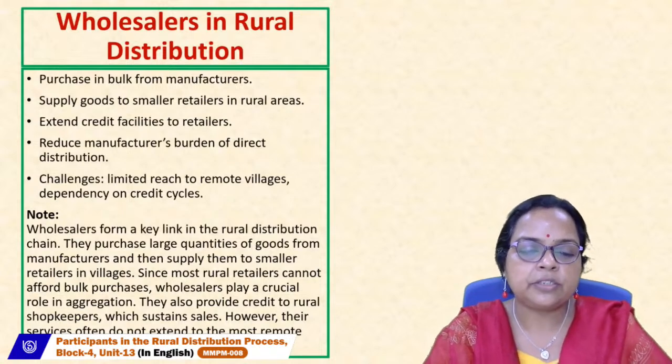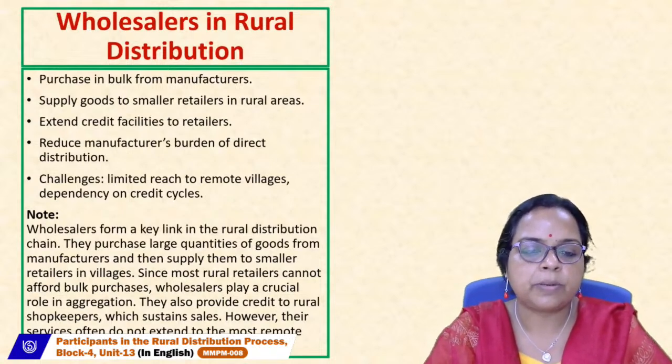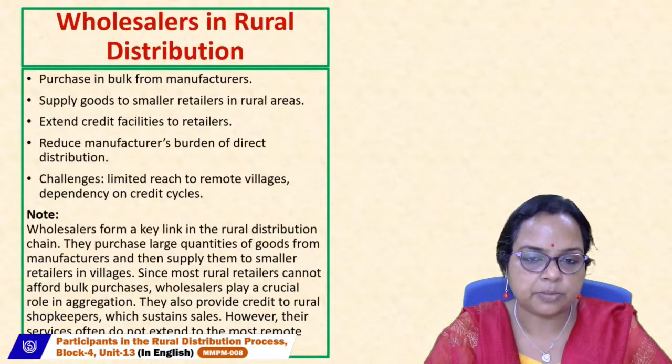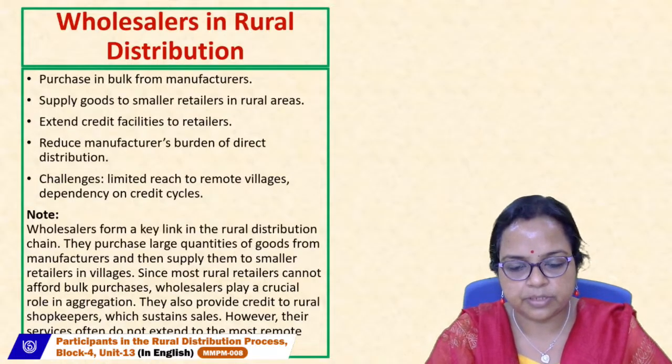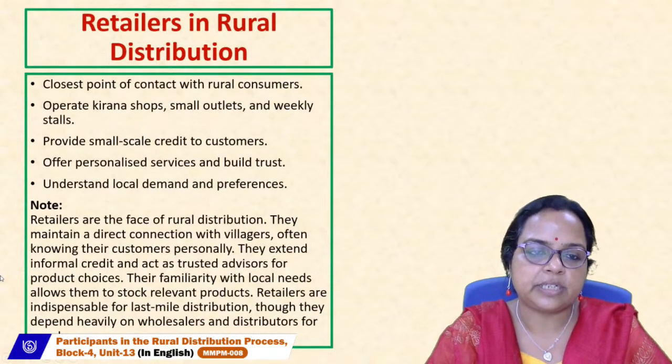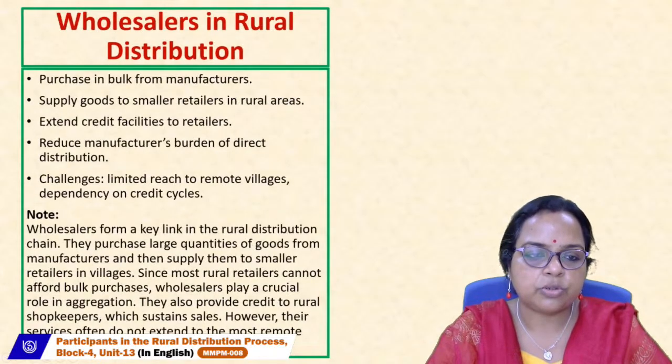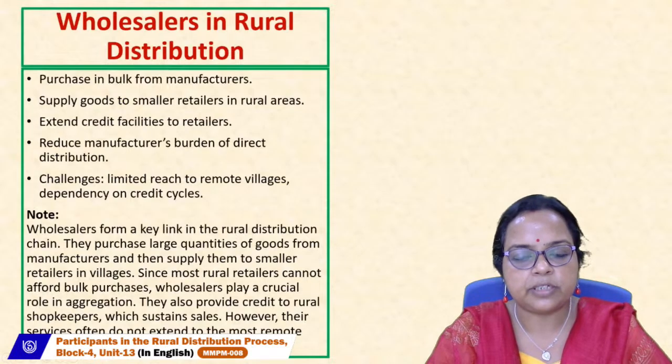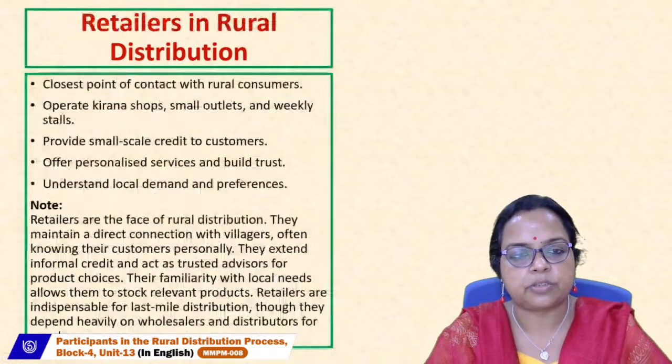These are the business persons who are buying in large bulk, and after purchasing in large bulk, they are distributing through retailers. So this is the job of the wholesalers. Wholesalers are also helping in making the product available for the retailers and the customers.